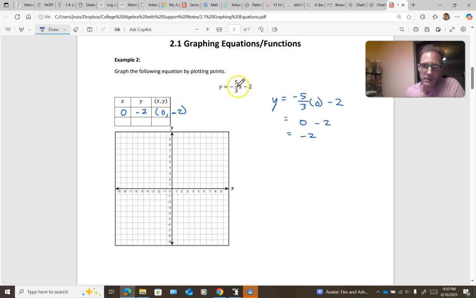So typically what I can do is choose a multiple of 3 right here. Since this denominator is 3, I could choose a number for x like 3, 6, 9, 12, or I could go in the negative direction: negative 3, negative 6, negative 9, etc. I'm just going to go with 3.